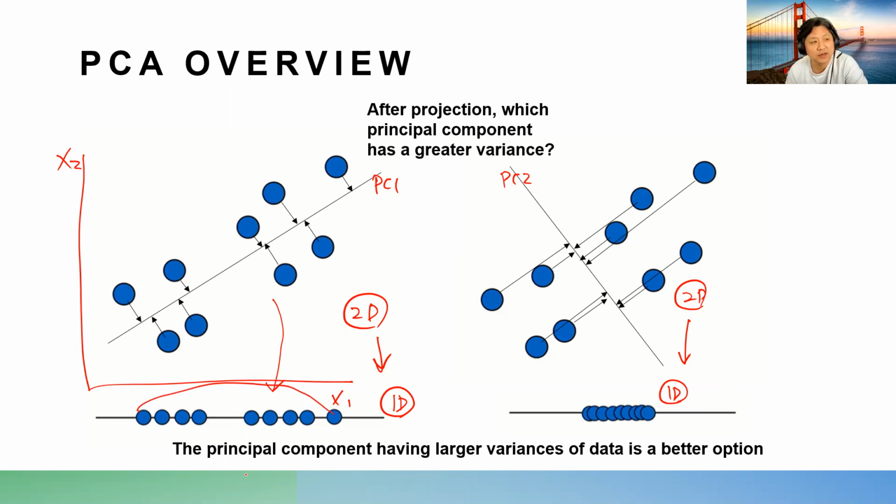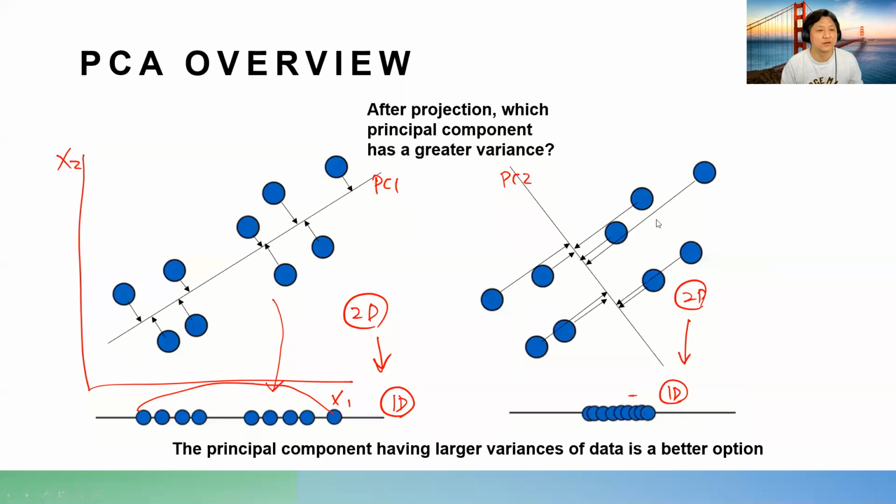So that means this principal component captures more information of your data. If the variance of this principal component is 0, that means this is constant, right? Constant has 0 information in your data set. It doesn't explain anything. So we want the principal component explaining larger variance of your data set. Okay.